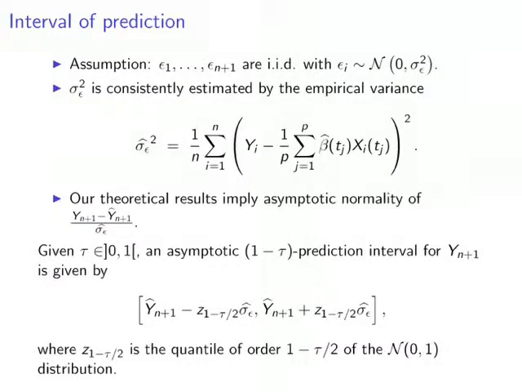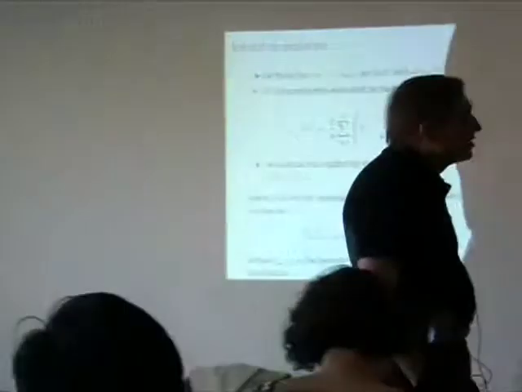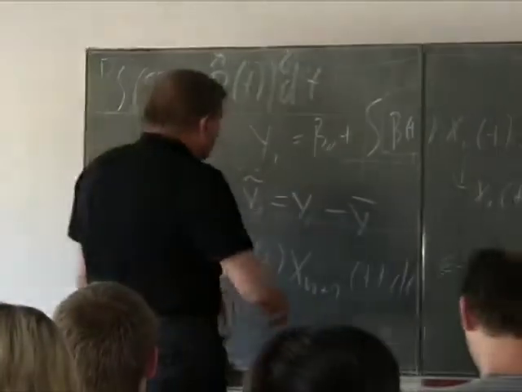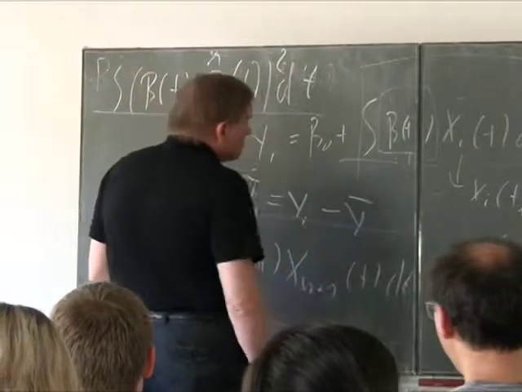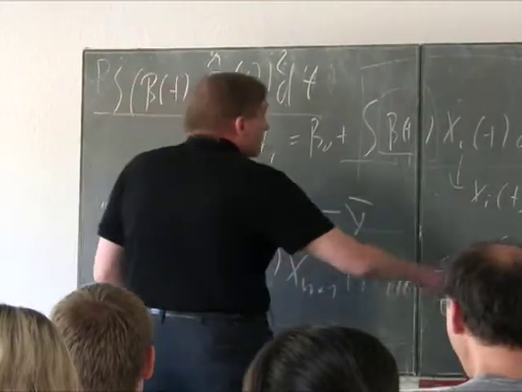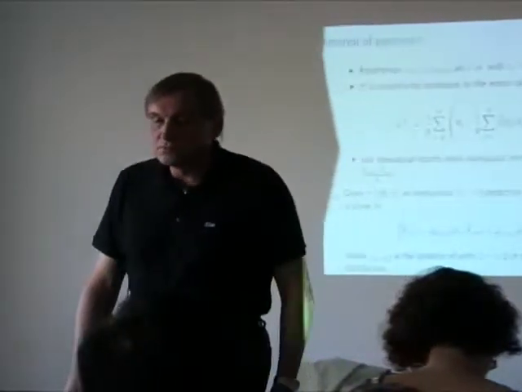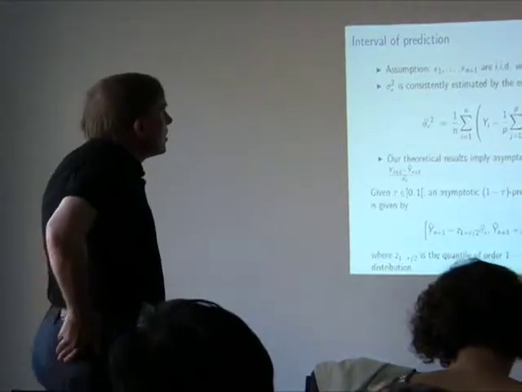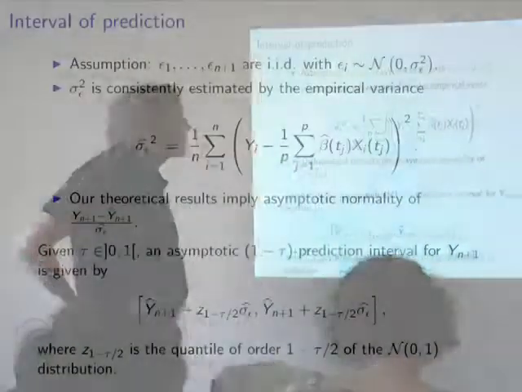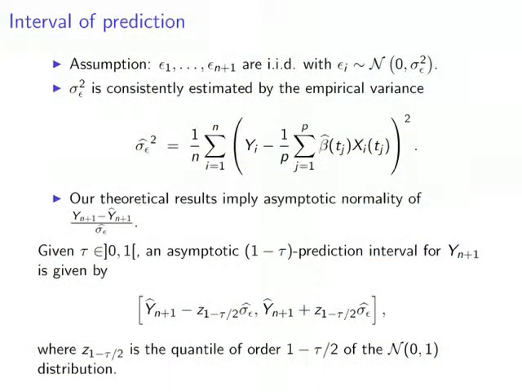In order to have confidence bands for y, we have a rate of convergence for this, so the difference will be essentially asymptotically small. And for confidence bands for prediction of y, we only need a consistent estimate of sigma, which we get this way. It needs to be shown that this is consistent.